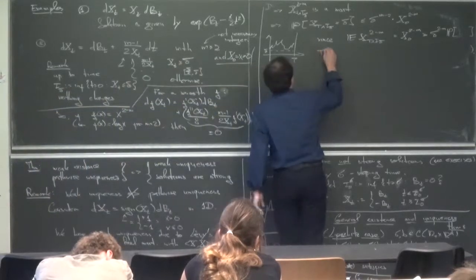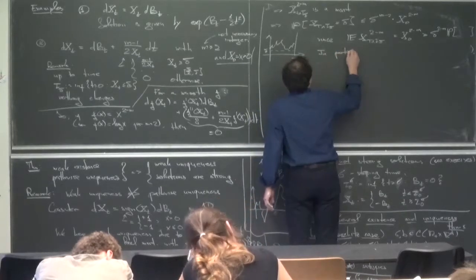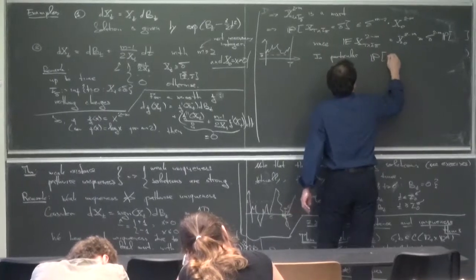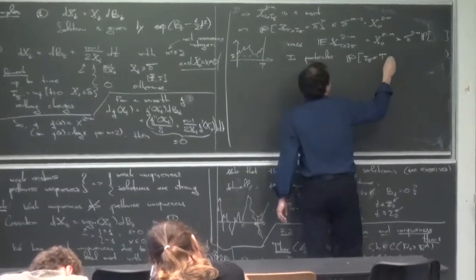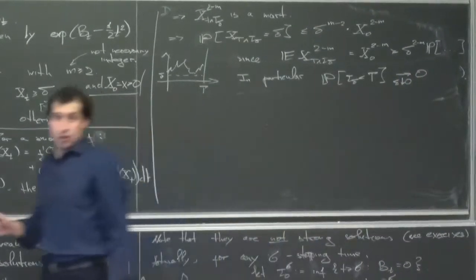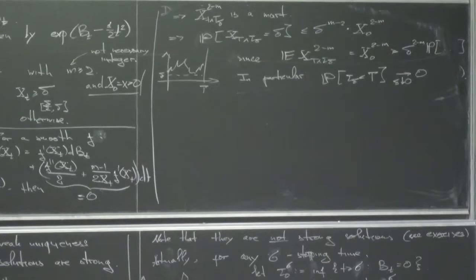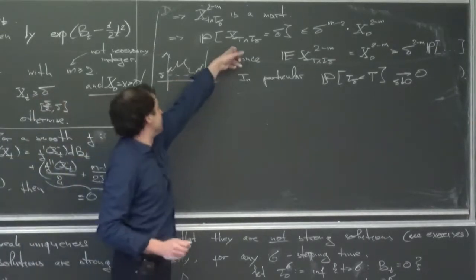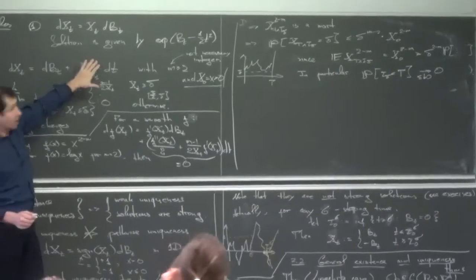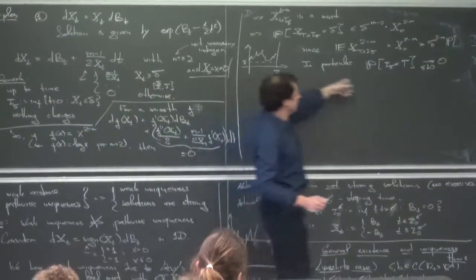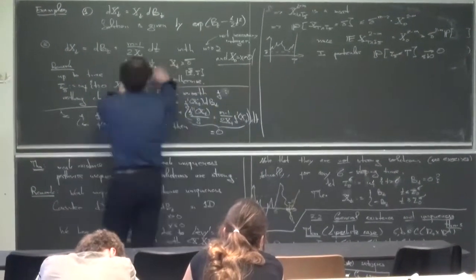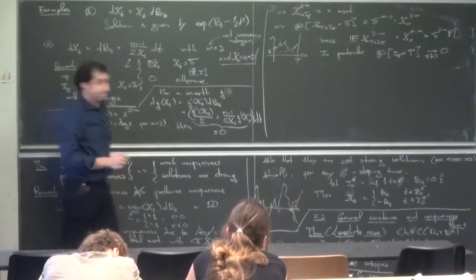In particular, the probability of that tends to 0 as delta tends to 0. Which actually means that you can first define this process using this modification of the drift term, and then say, in fact, if I pass to the limit when delta tends to 0, then I can just remove all the modifications here.